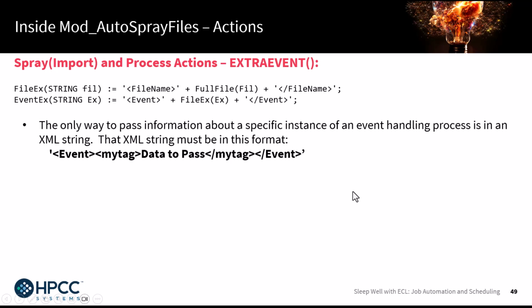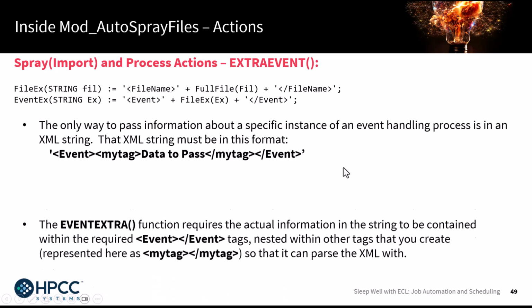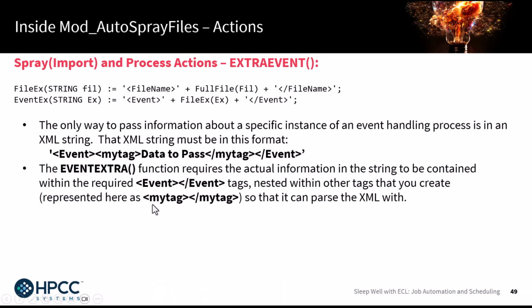Now, the only way to pass information about a specific instance of any event handling process is through an XML string. And that XML string must be in the following format. We reviewed this earlier in this workshop, talking about the event extra function, which requires the actual information in the string to be contained within the required event tags, nested within other tags that you create, represented here as my tag.